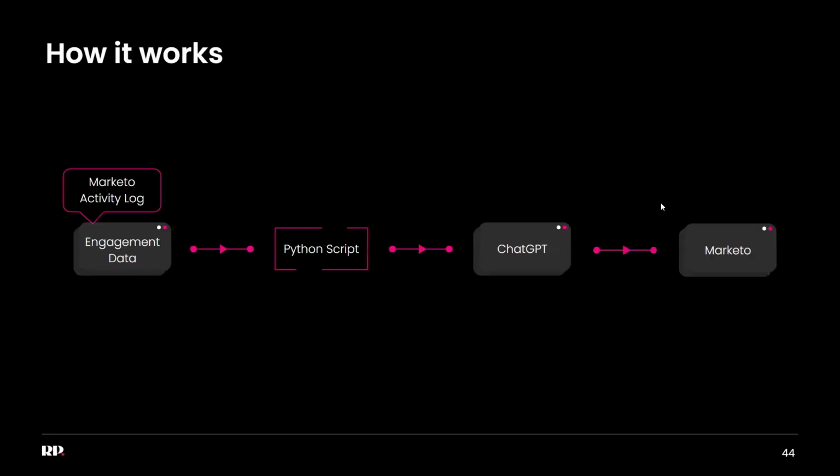So the first part of this involves extracting the engagement data for all your email activity. This is done using the bulk export API, like I mentioned earlier on. You do this with a Python script, which makes the request to extract all this information from Marketo, and it saves it as a CSV file. It's this CSV file that we then bring into ChatGPT.